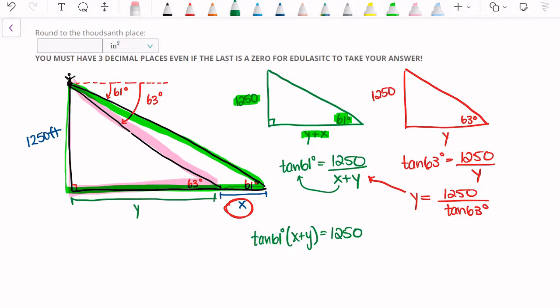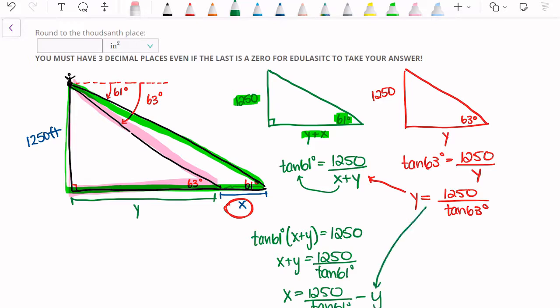I could even maybe isolate x first if I wanted to. Why don't we do that? I'll get x alone first. So I'm going to divide by the tan 61. I should have just cross multiplied in my first step, but it's okay, we'll get there. So we have x equals 1250 over tan 61 minus y. And now I can throw this guy in.